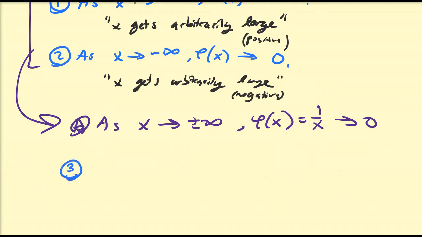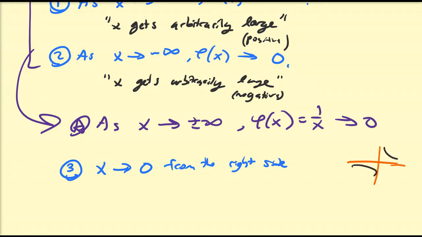So let's write down a couple more properties. Three, as x tends to 0 from the right side. What do I mean by that? If we reference our graph from before, so this is our curve. As we get close to 0 from the right-hand side, we're going to be approaching the positive y-axis.